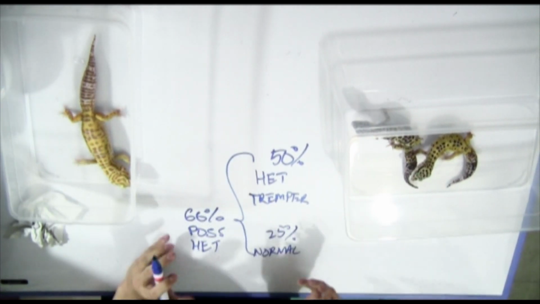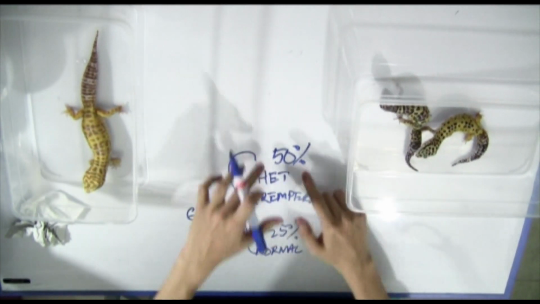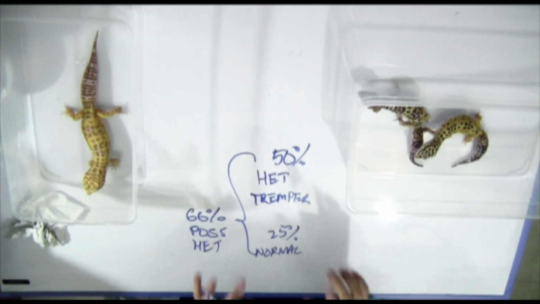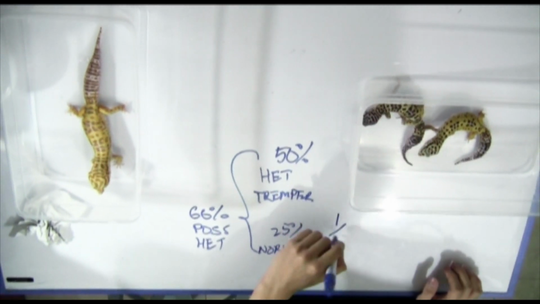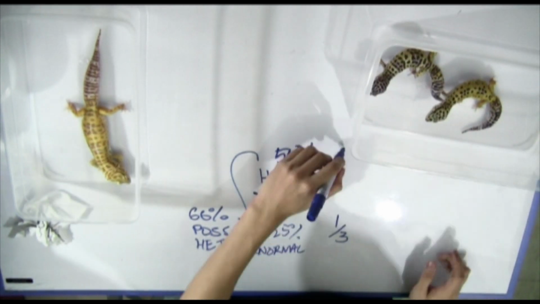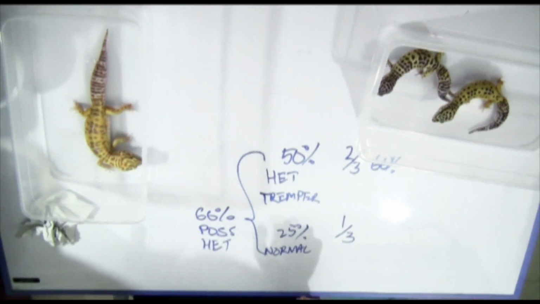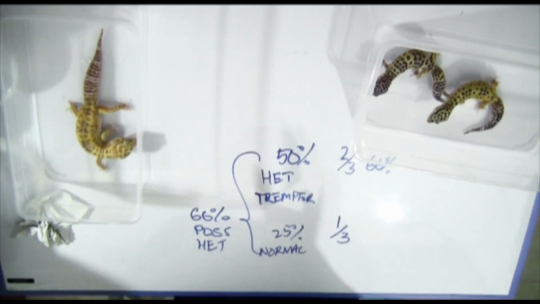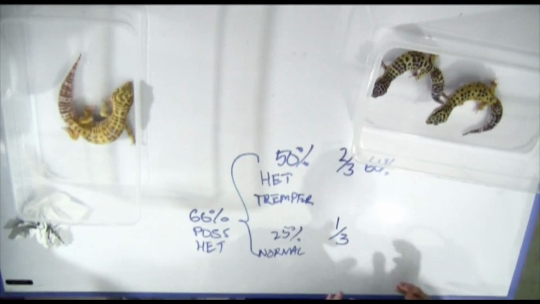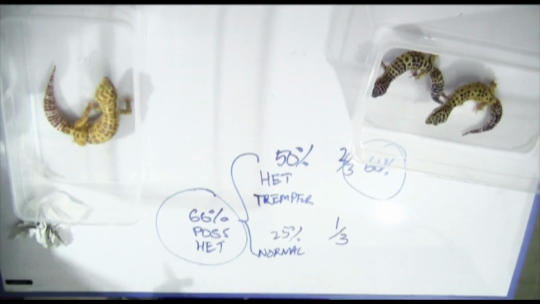And where did I get the 66%? Now, 25 out of 75% total: 25 out of 75 would be 1/3, and 50 out of 75 would be 2/3, or 66%. So when you pair a het to a het, all non-visual offspring are considered to be 66% possible het.